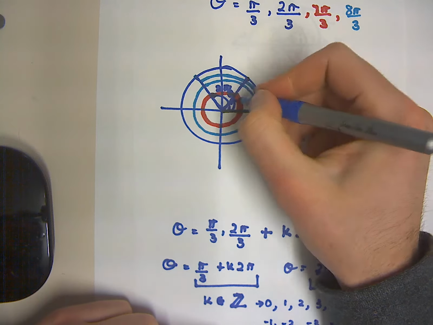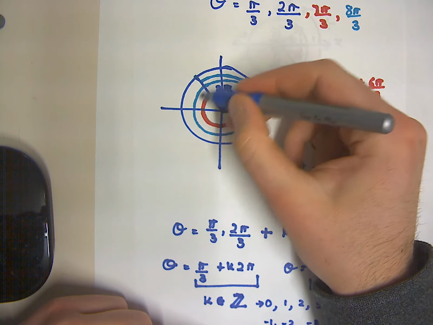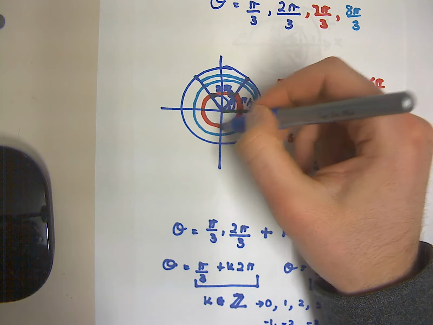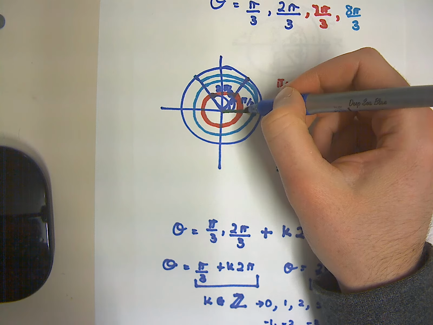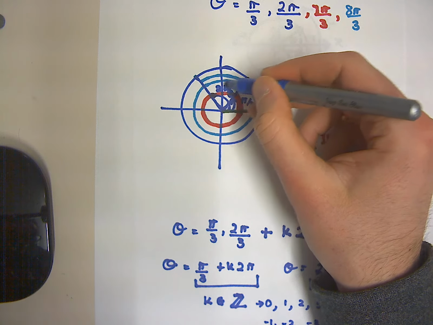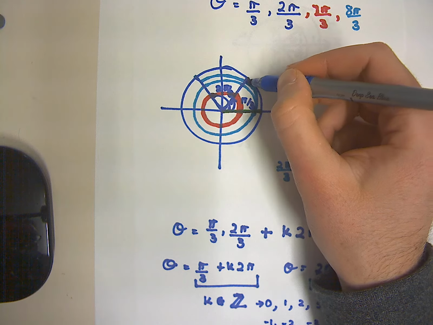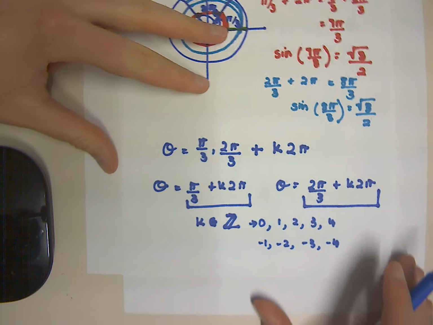So if I'm at pi on 3, rather than going forwards one revolution of 2 pi, I could come back, go past 0, and then go into the negative values all the way around to here. And I would still have the same x and y coordinate for that angle, and so that's also another solution.